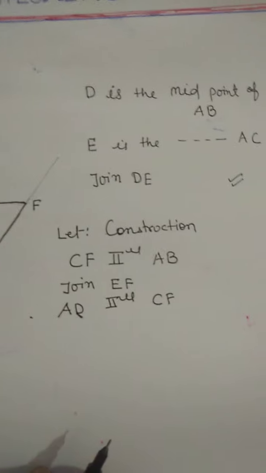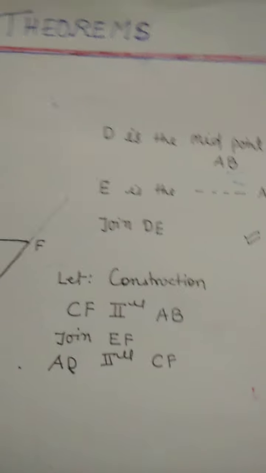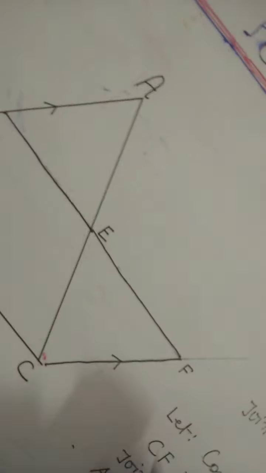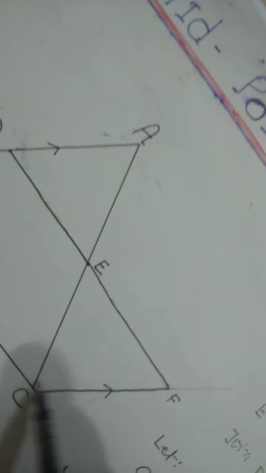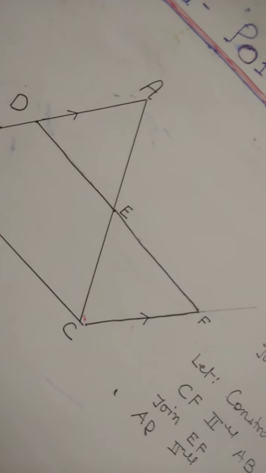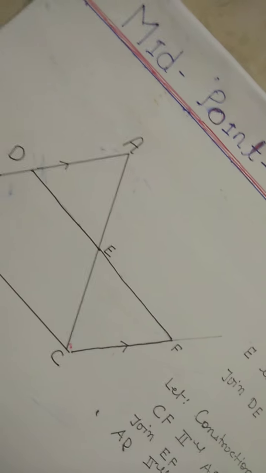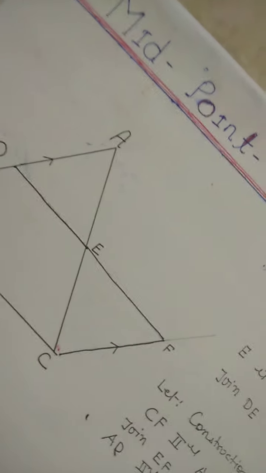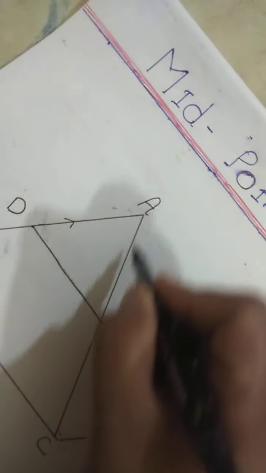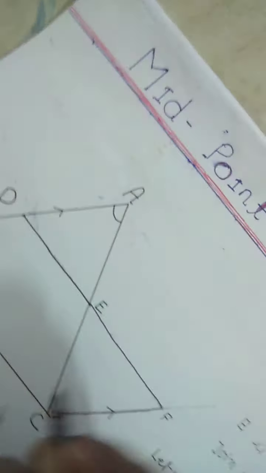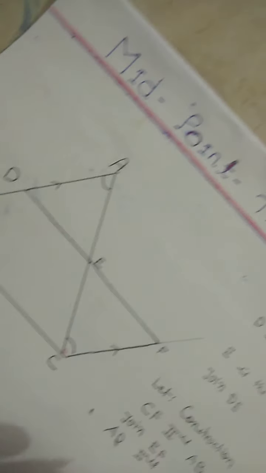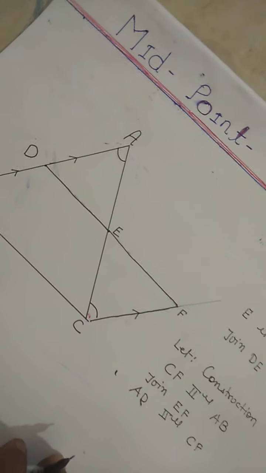Okay, so now I am going to show you something. Now I am moving the camera. You check, this forms a Z, AD and CF. If you remember from earlier classes 8, 7, alternate angles, if parallel lines have a Z formation, this angle A and this angle C are alternate angles.